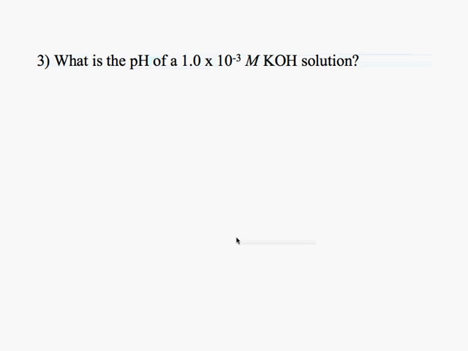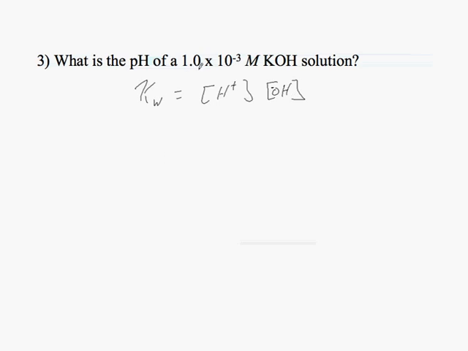Okay, our next problem, we're asked: what is the pH of a 1.0 times 10 to the minus 3 molar potassium hydroxide solution? To solve this, we need to use our formula, Kw is equal to the hydrogen ion concentration times the hydroxide ion concentration.